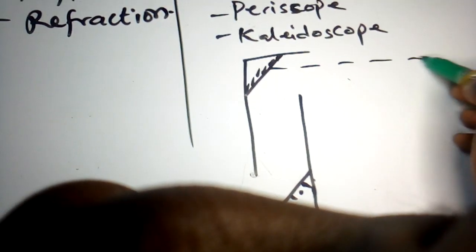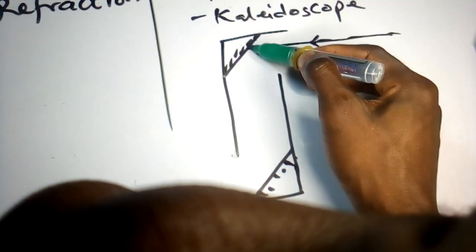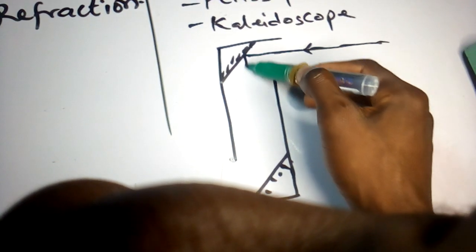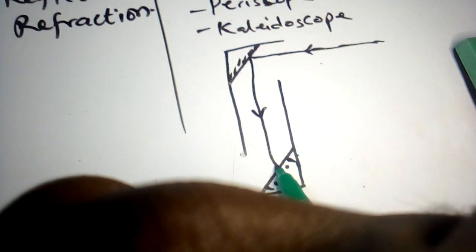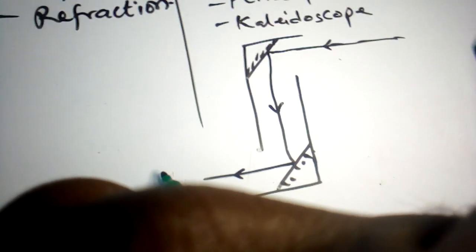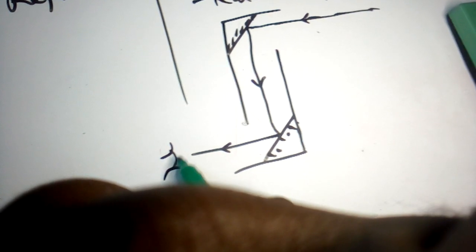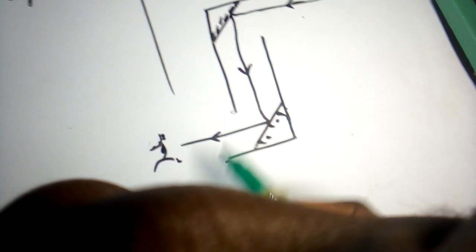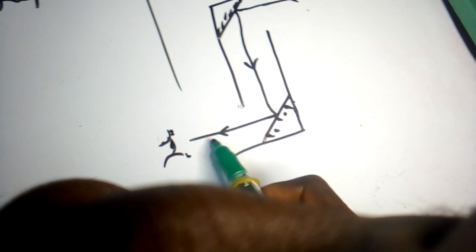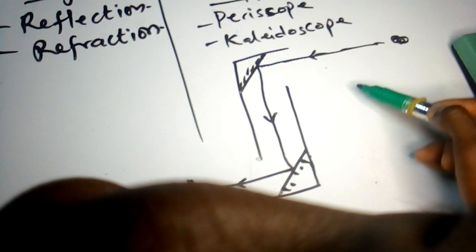These have to be tall so that when the viewer observes something over an obstacle, the ray coming from this side falls on this mirror and then reflects on this other mirror, and then the reflection is transferred to the viewer at this point. So the viewer would be able to see what is going on at this side, even if we could not, if there is an obstacle in vision.